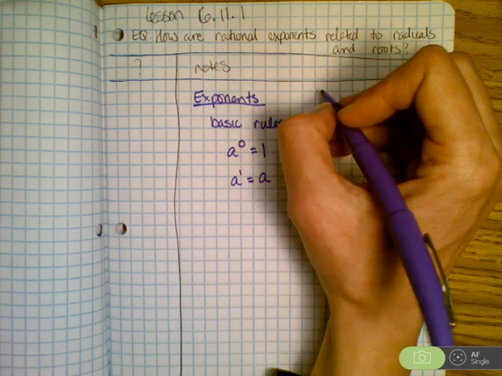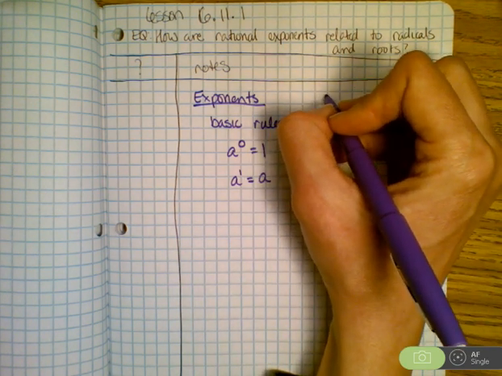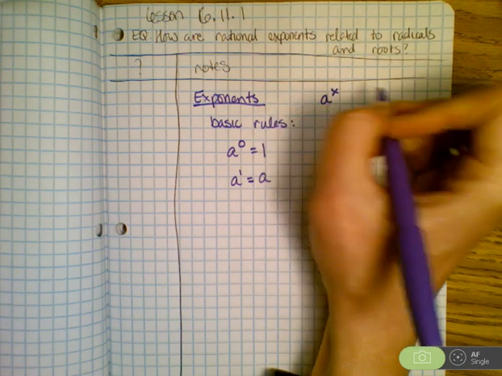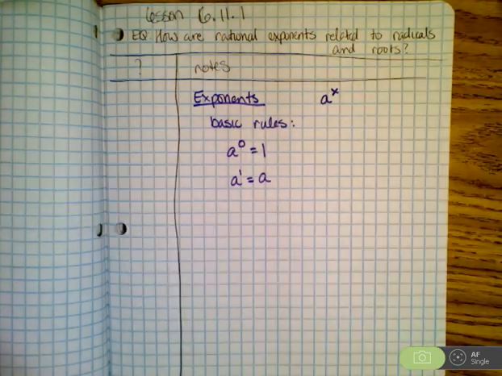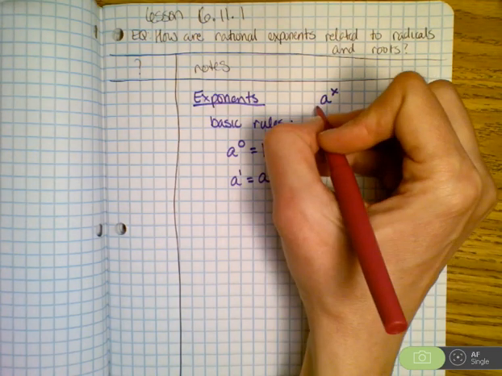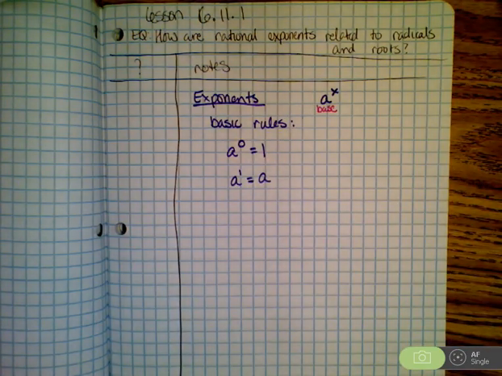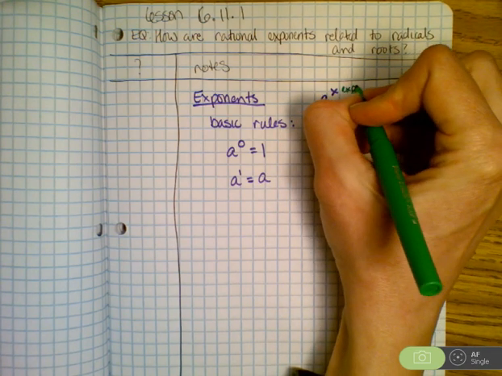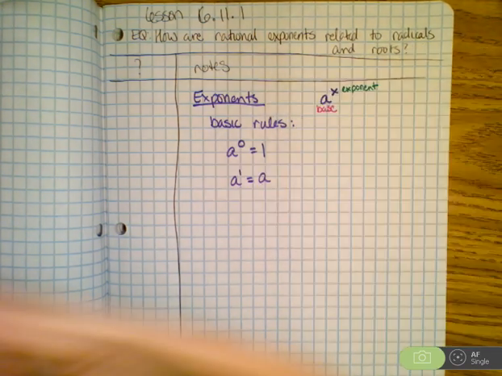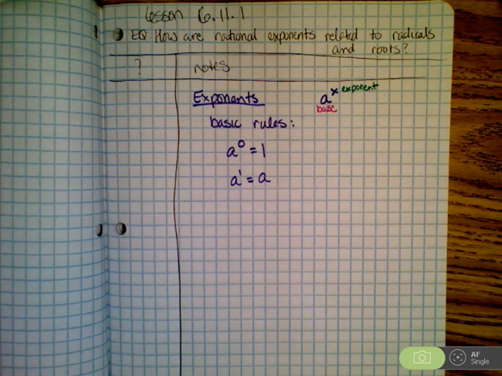Another basic thing, when we have exponents, we have a to the x. The a is our base. The x is called the exponent. And it is always short for repeated multiplication.